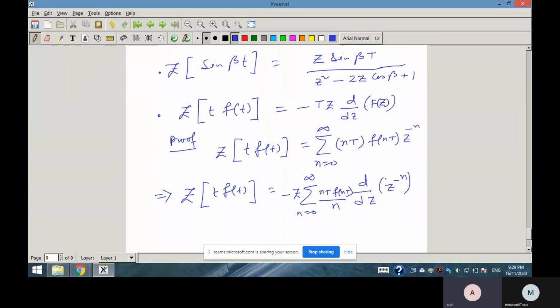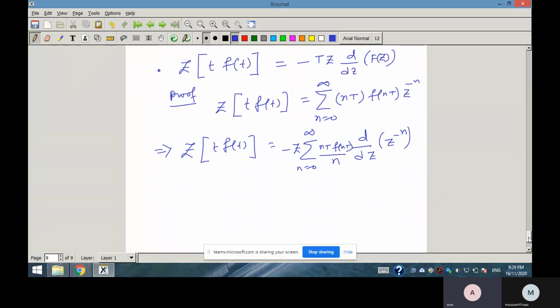So ultimately minus plus, so z also will get cancelled, and another n will come, so that it will become the same.